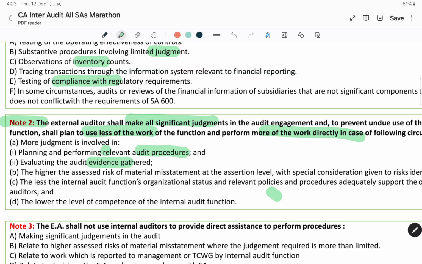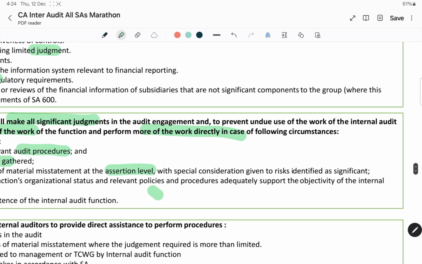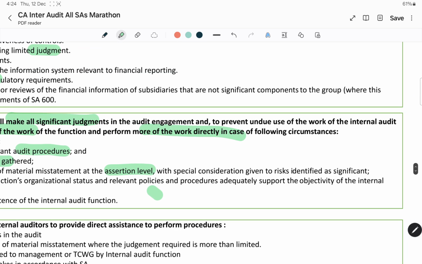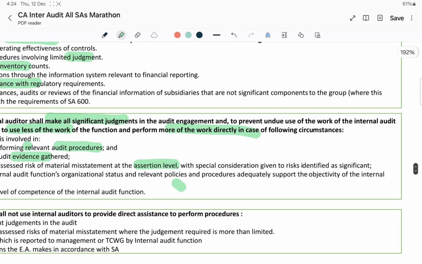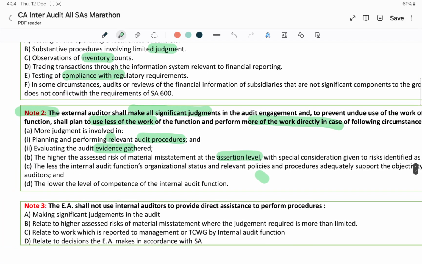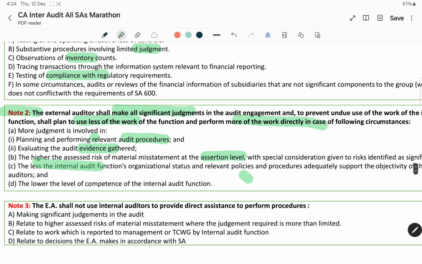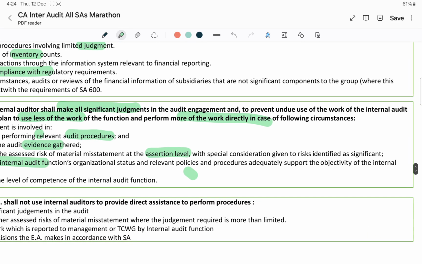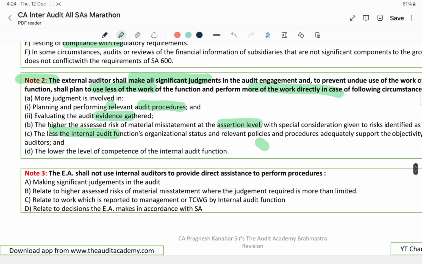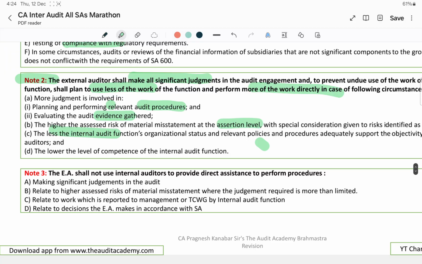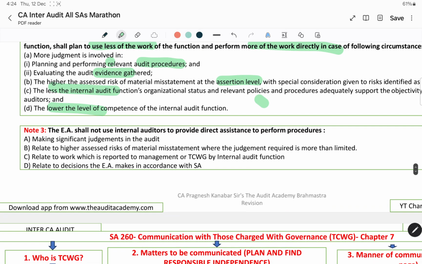The higher the assessed risk of material misstatement at the assertion level, with specific consideration given to the risk identified as significant, the less the internal audit function's organizational status and relevant policies and procedures adequately support the objectivity of the internal auditor, and the lower the level of the competence of the internal audit function.